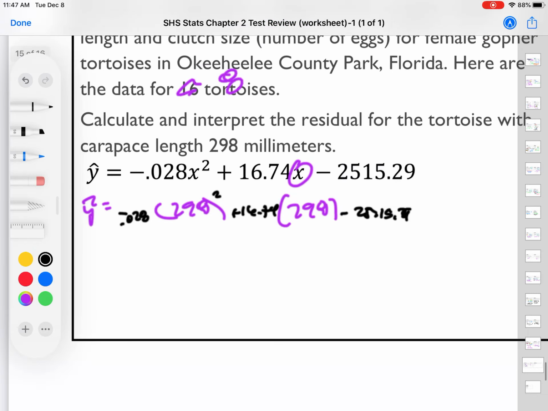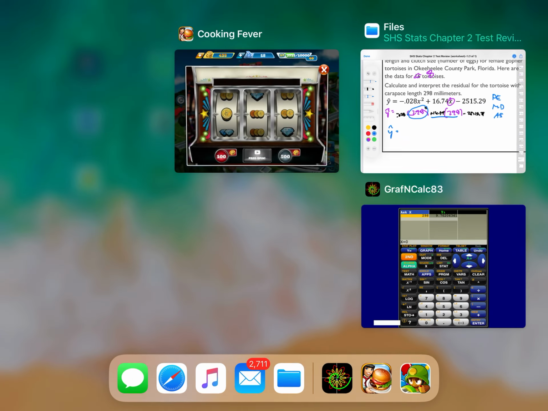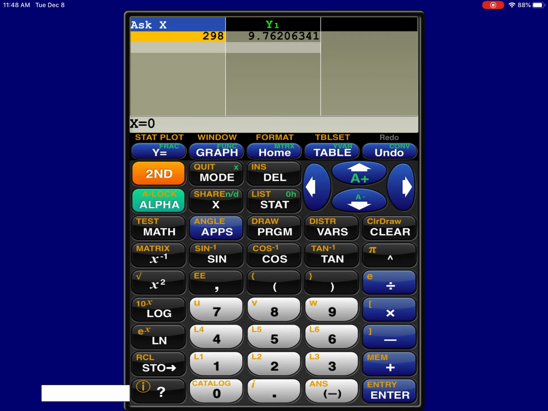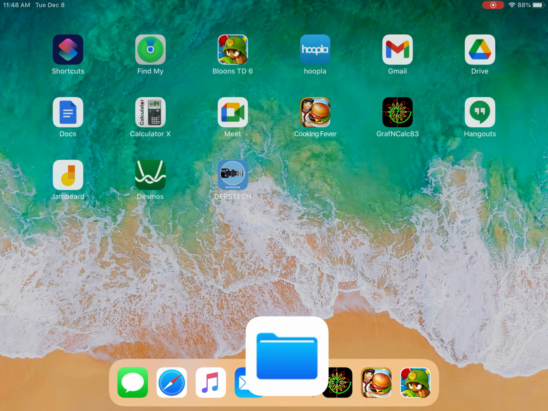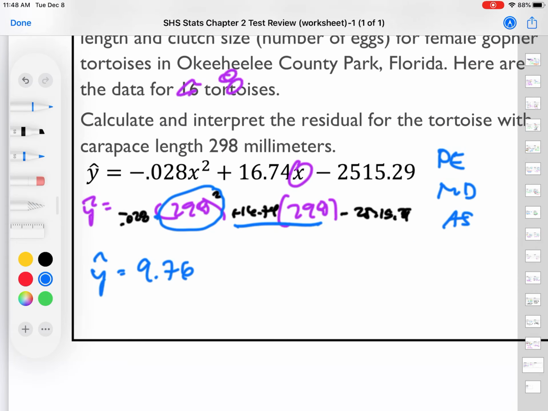So again, I would do PEMDAS, which means I would exponent, then multiply that number and subtract. So you would get, what did we say, 9.76. That's my predicted.